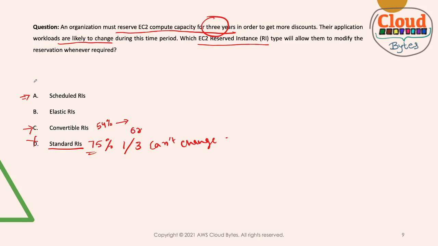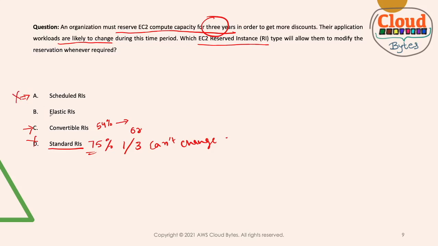So scheduled RI are good for recurring jobs which are only occurring within a time period. But this doesn't allow you to modify the reserve instance type. So this is not a valid option.